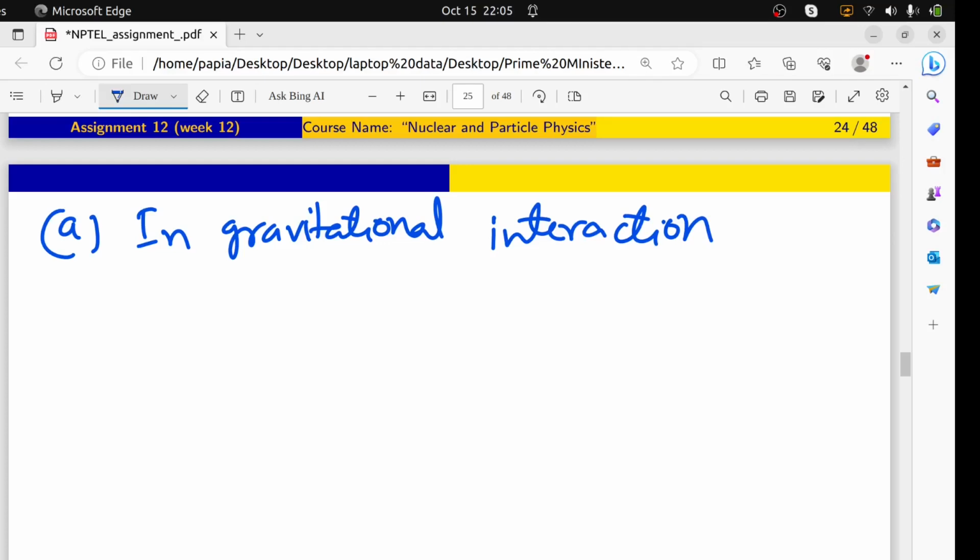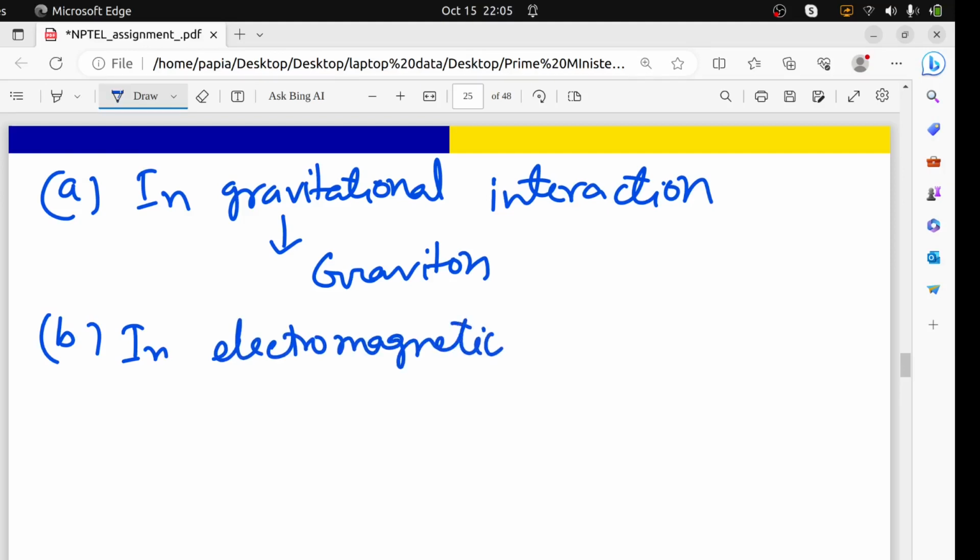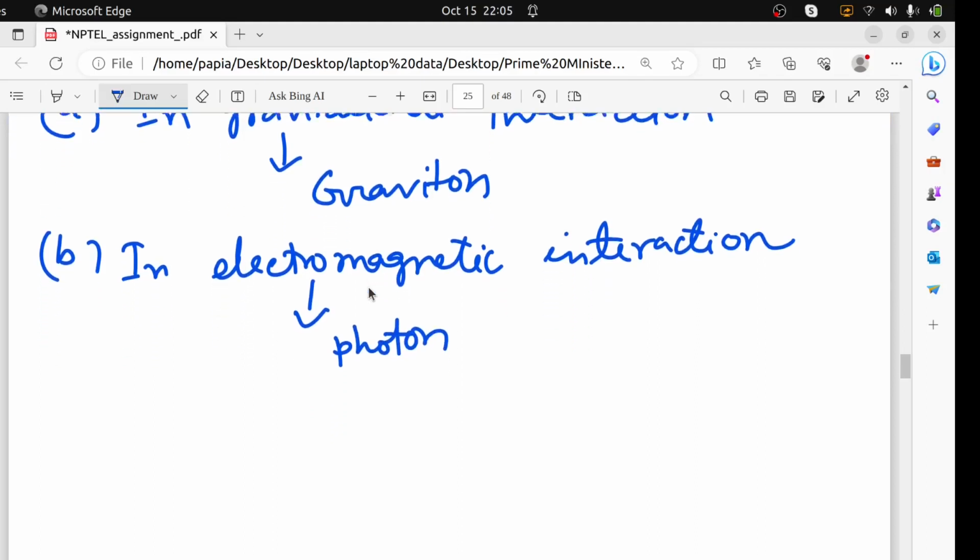In gravitational interaction, the mediator is the graviton, right? In electromagnetic interaction, the mediator is the photon, which is gamma.